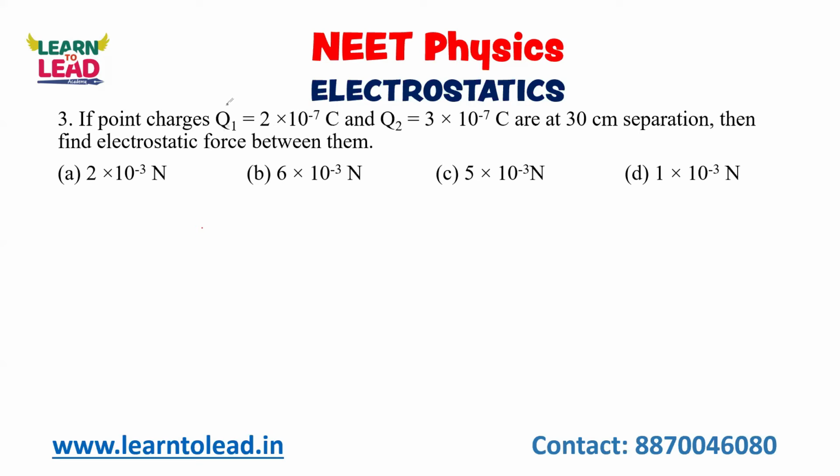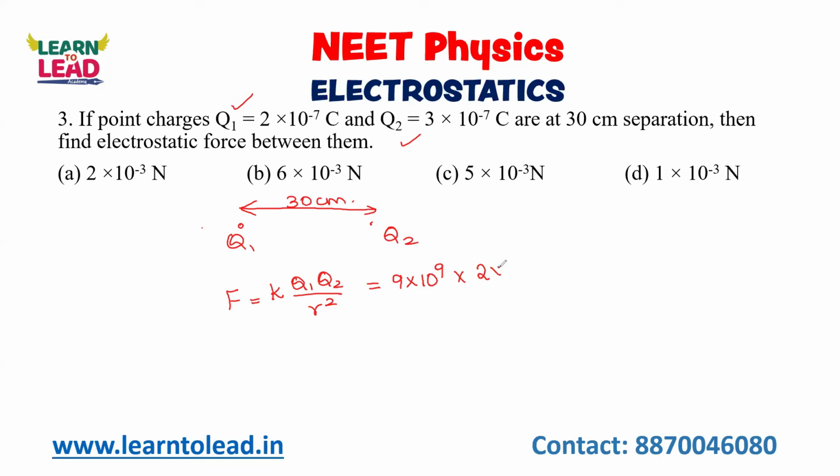Now, point charges Q1, Q2 are given, separated by 30 centimeter. Find the electrostatic force between them. So force is equal to K into Q1 Q2 by R square. And we know that the value of constant K is 9 into 10 to the power 9.